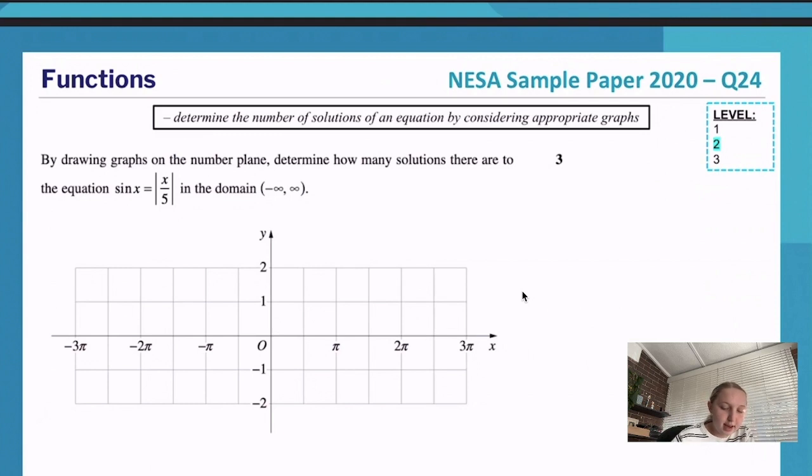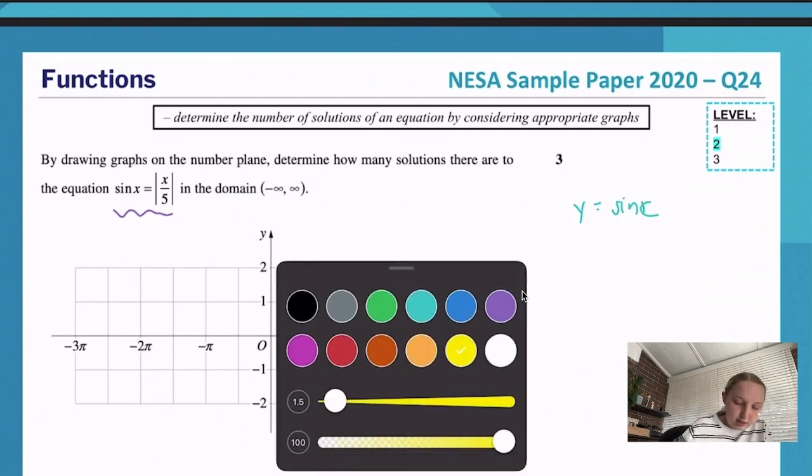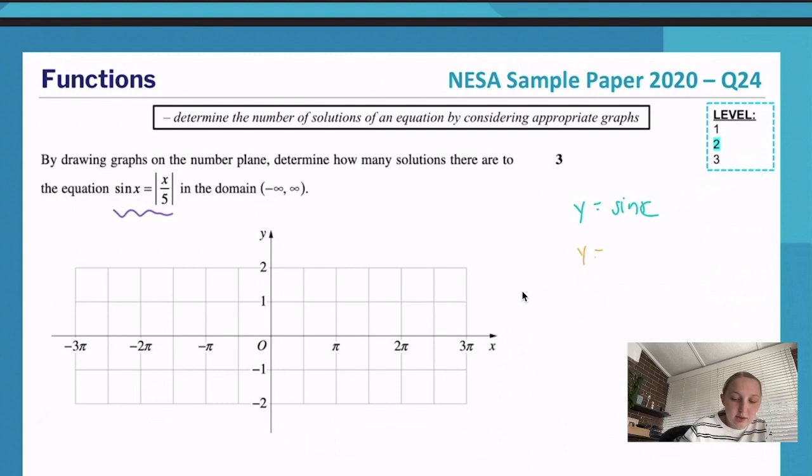So when you get this sort of question, you want to separate these functions. So we're going to have, I'll do this in two different colors so you guys can see them. y equals sine x, and we'll also get y equals the absolute value of x on 5.